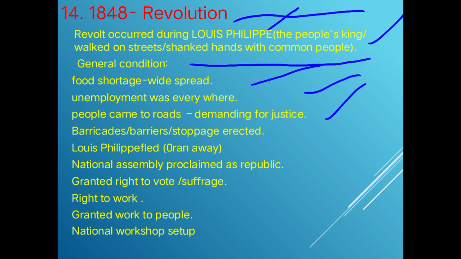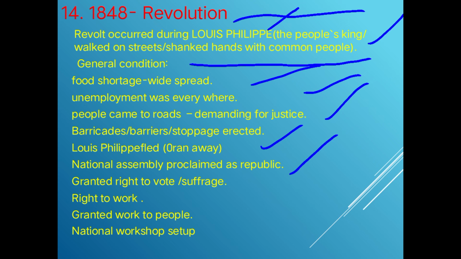They demanded justice. When they demanded, barricades, barriers, were erected, and Louis Philippe, unable to control the situation, fled. The National Assembly proclaimed a republic.